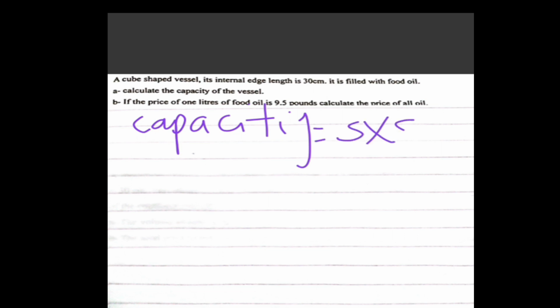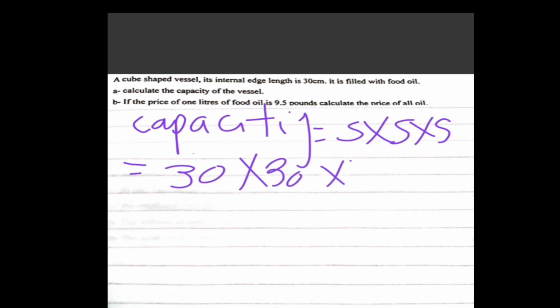So the capacity or internal volume equals side times side times side, as we took before in volume. So it will be 30 times 30 times 30. It will be equal to 27,000 centimeter cube.